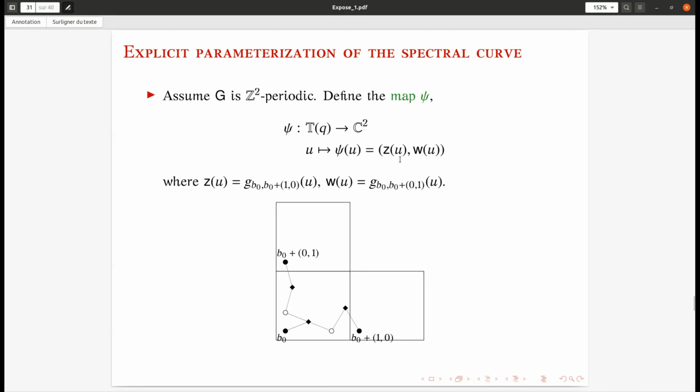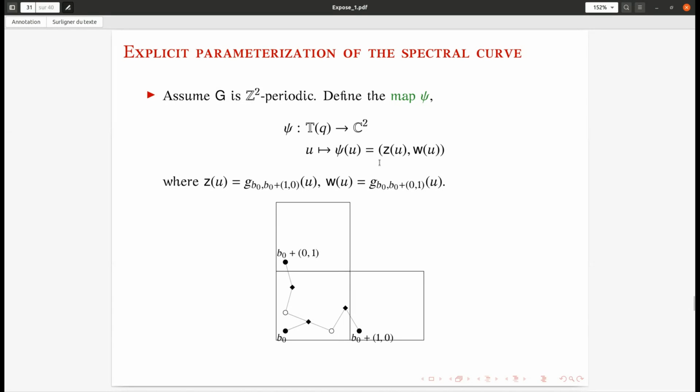And so the component Z will be the function G computed between a vertex B0 and its copy in the next fundamental domain. And W will be our function G computed from a vertex B0 to its copy in the vertical domain. So it's like a base of our lattice, and it's independent of B0 because G is well defined.